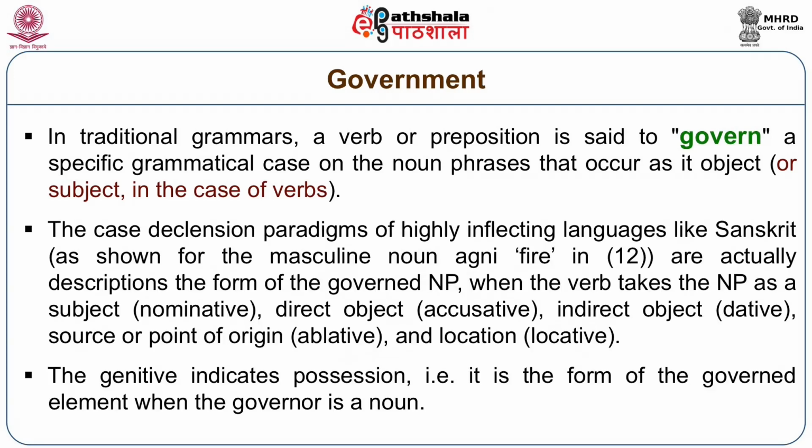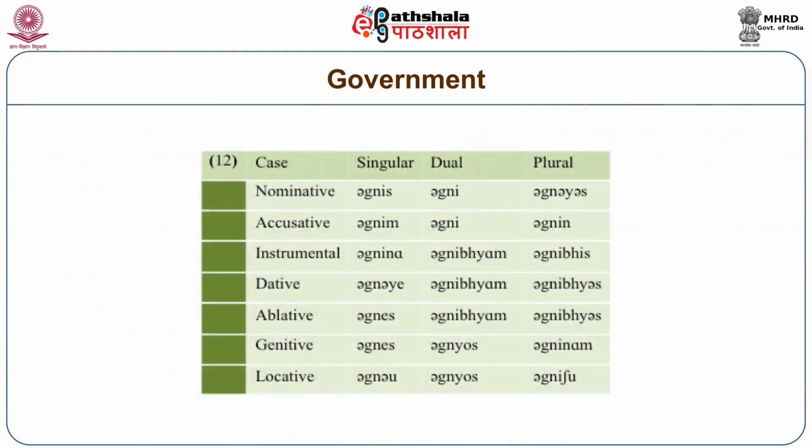In highly inflecting languages, there are many patterns that arise for each noun form. Depending on what syntactic position, on what relation the argument has to the verb, the case form of the noun can differ. In the lesson, we have an example of the masculine noun Agni, whose form can vary depending on the semantic relation it has with the verb.